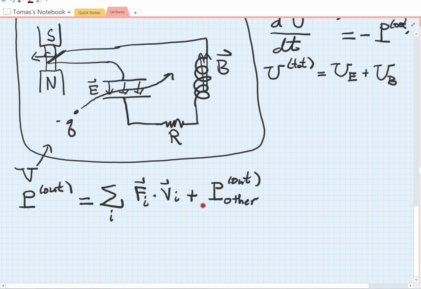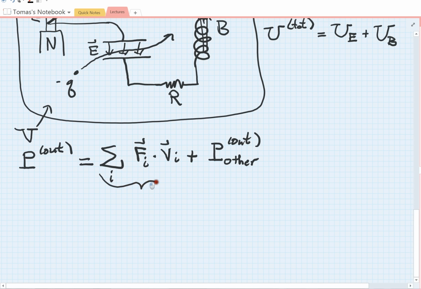Now, let's focus on this term here. This term is the power that's coming out because we are acting on charges. So I'll call this P out sub Q, the work done on any charges. Now, this power that comes out of the electromagnetic field on any of the given charges is going to be the sum over all the charges.